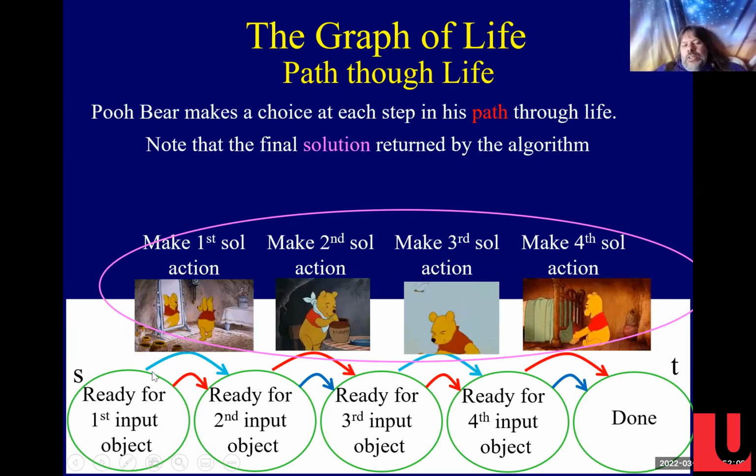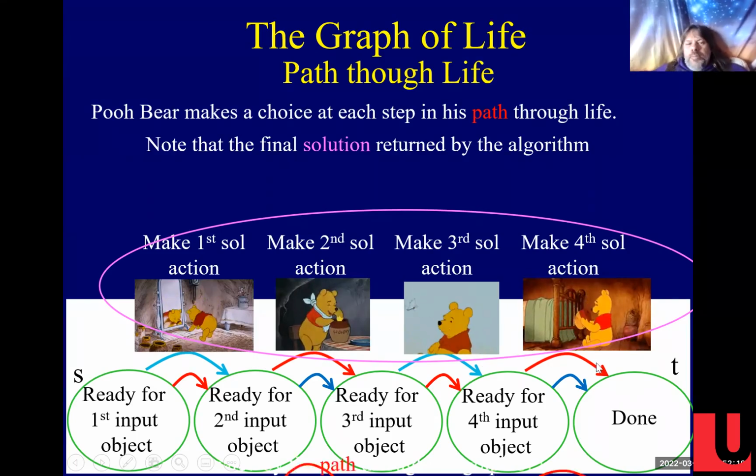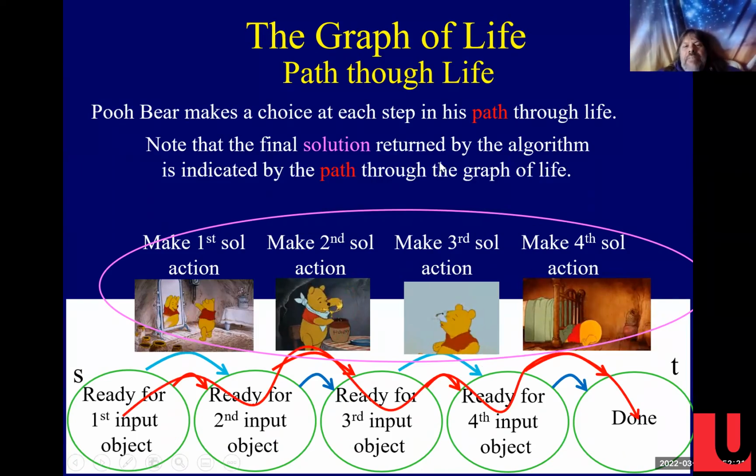He chooses which of those two actions to take. And then the solution completely corresponds to the path that he took, right? So for every path, there's a possible solution, and for every possible solution, there's a path through the graph from S to T. Does that make sense?